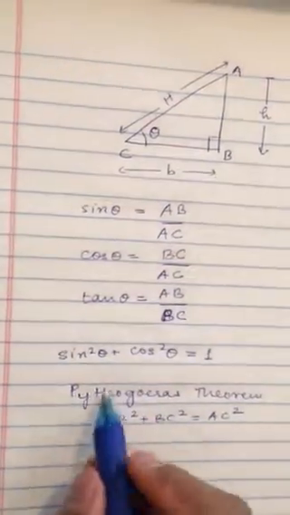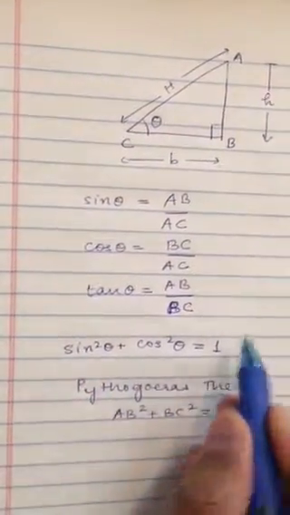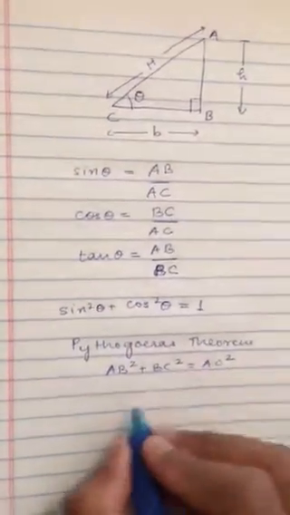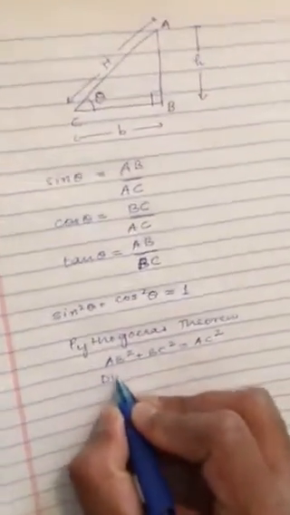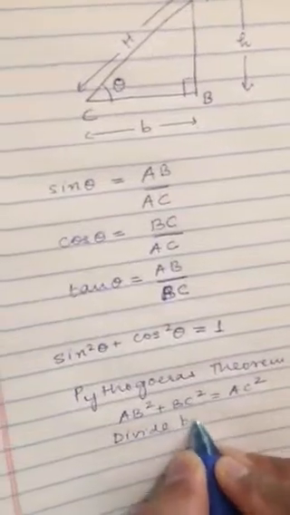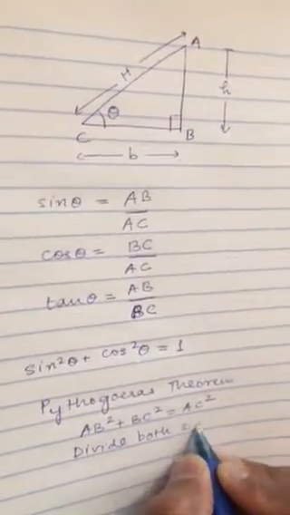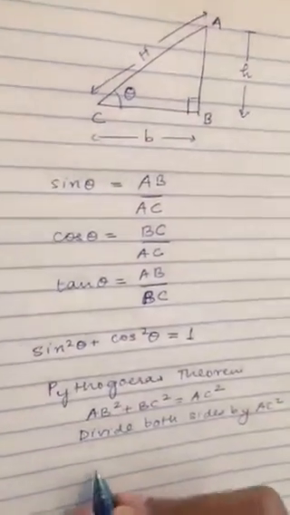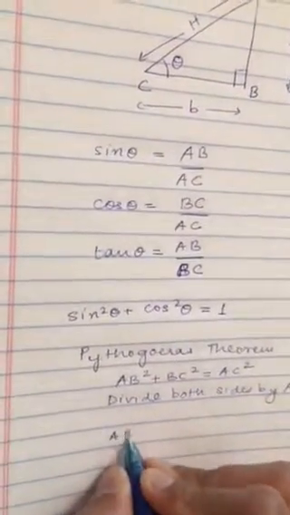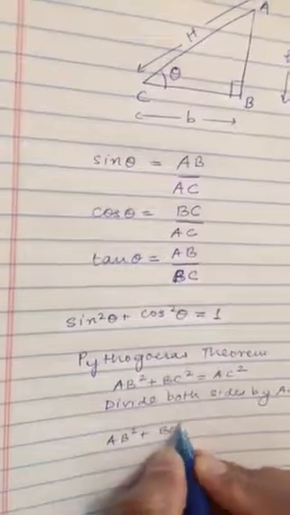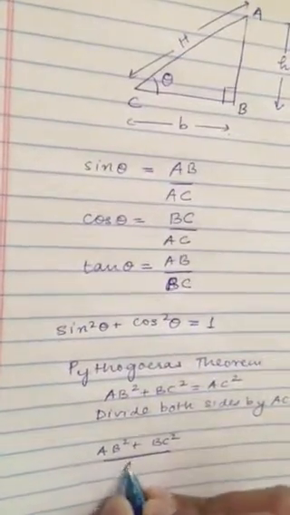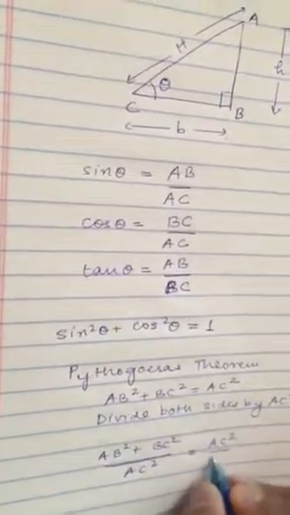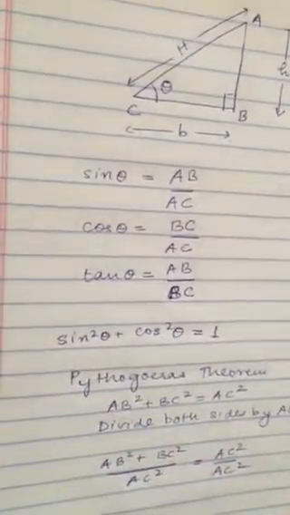Now we will be deriving this basic identity from our Pythagoras theorem. In order to do that, we will divide both sides by AC square. So we will get AB square plus BC square divided by AC square is equal to AC square divided by AC square, right?